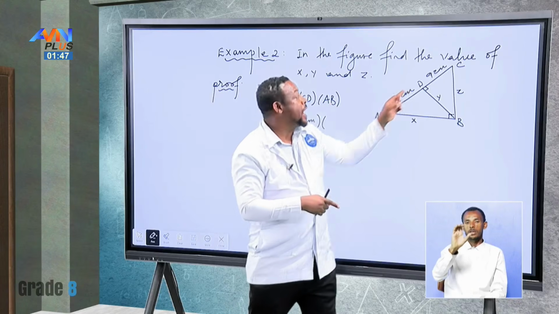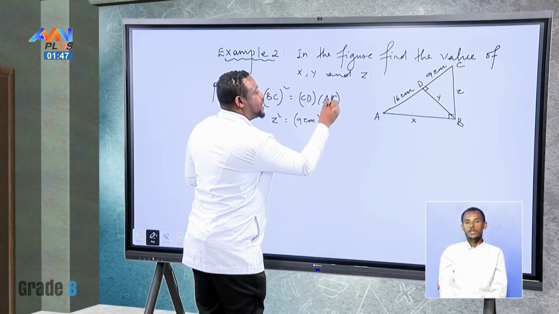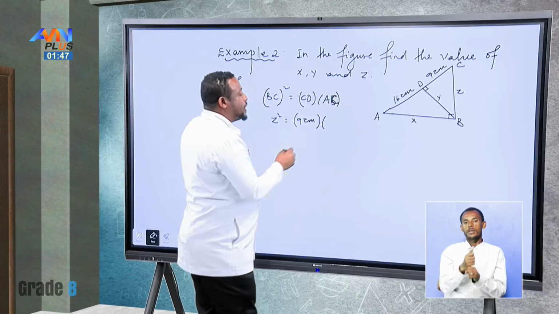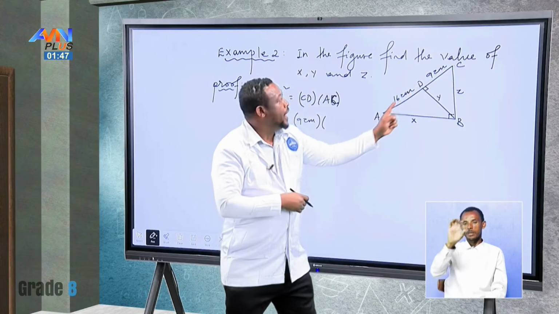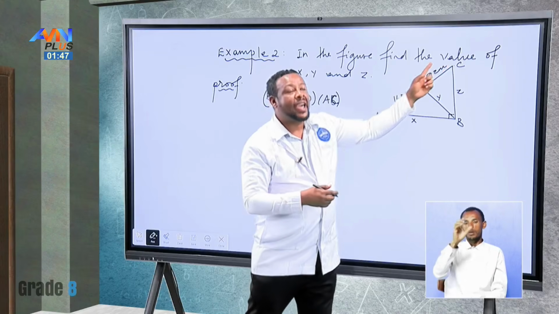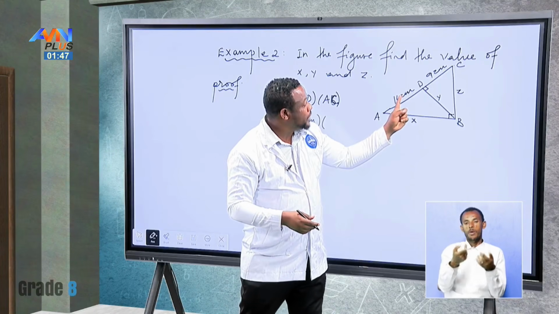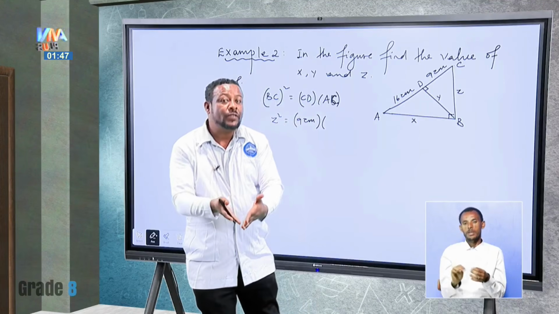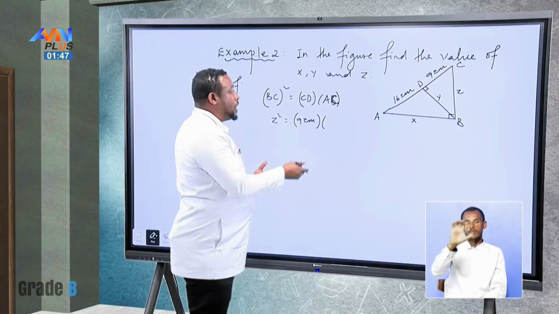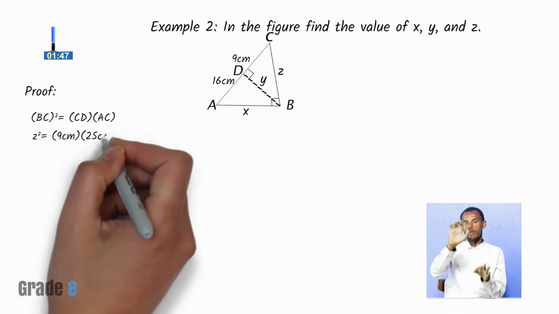Because the hypotenuse in this case is AC. So I need you to correct it in this way. So CD is 9 centimeter and AC or CA is the sum of these two segments. Whenever you add 16 centimeter and 9 centimeter, it gives you 25 centimeter. So in place of AC, you can substitute 25 centimeter.